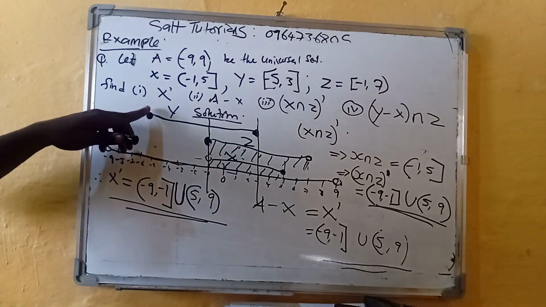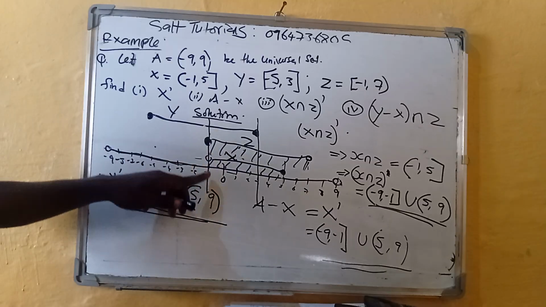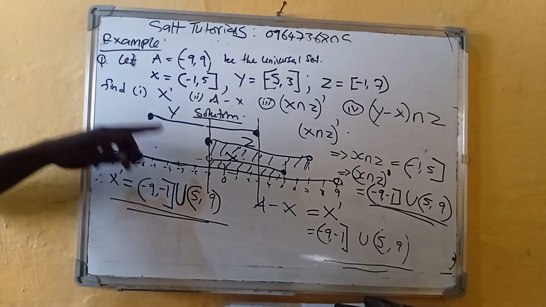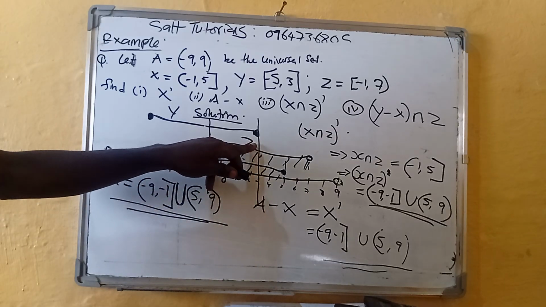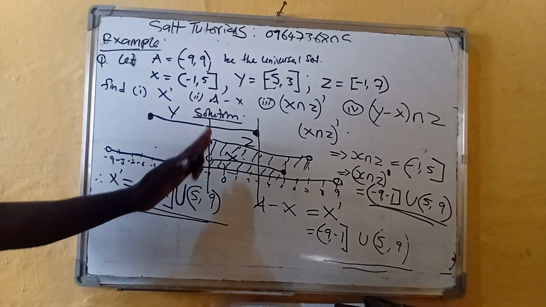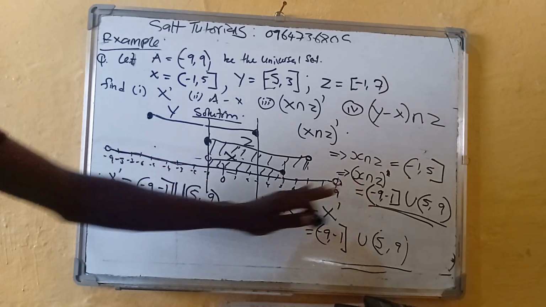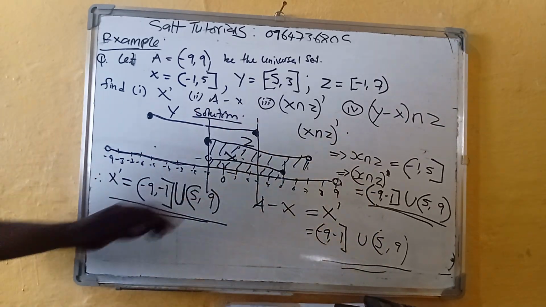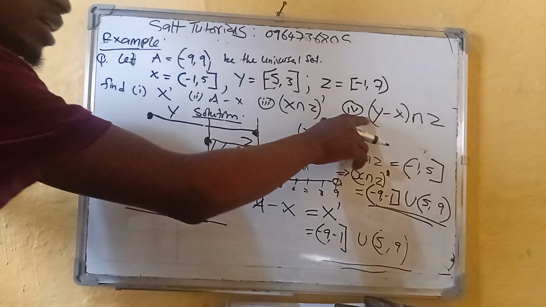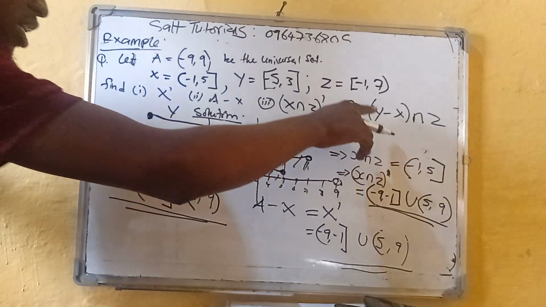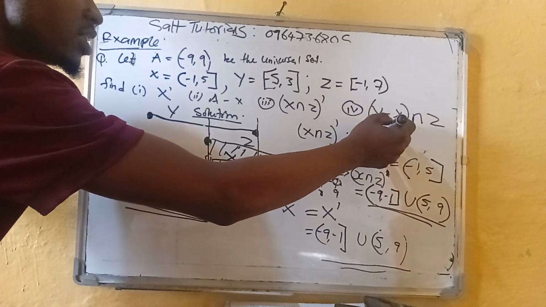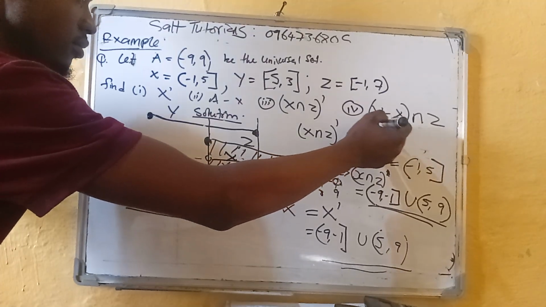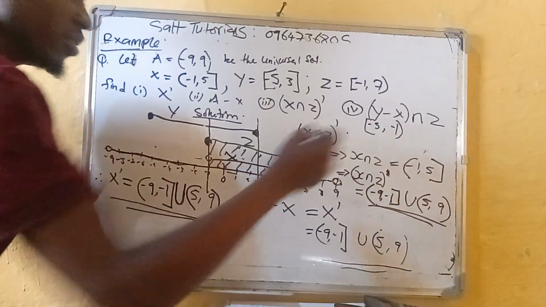So I'm going to remain from -5 to -1. And then from -5 to -1, is there any intersection with Z? There is no intersection with Z because Z starts from here to there. And if I remove this part, I'm going to have Y minus X just alone basically from -5 to -1. This is what is going to happen.